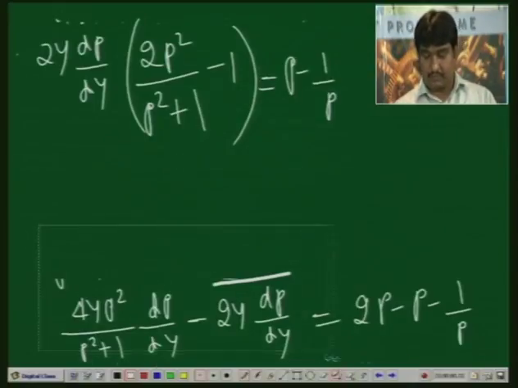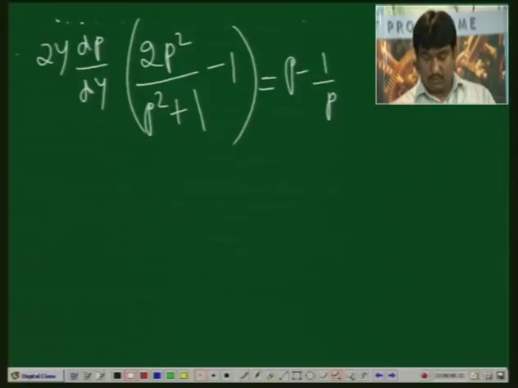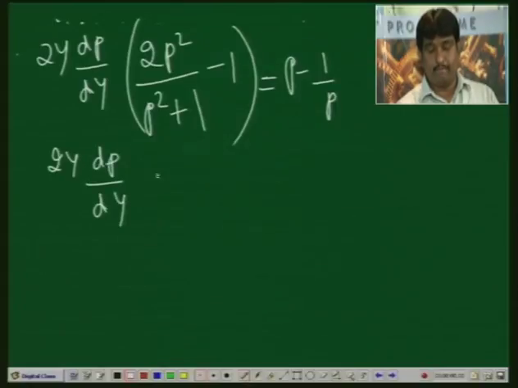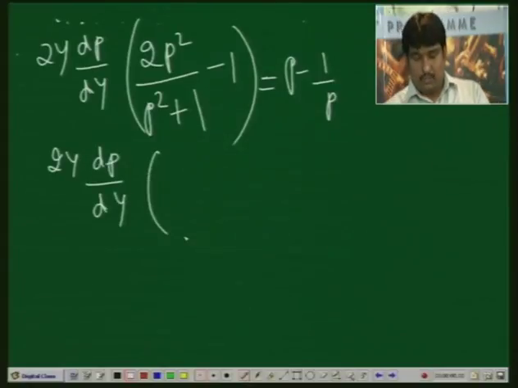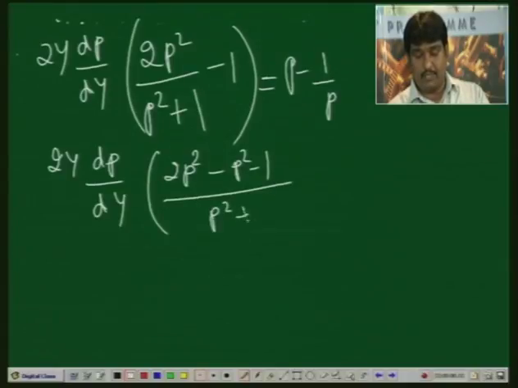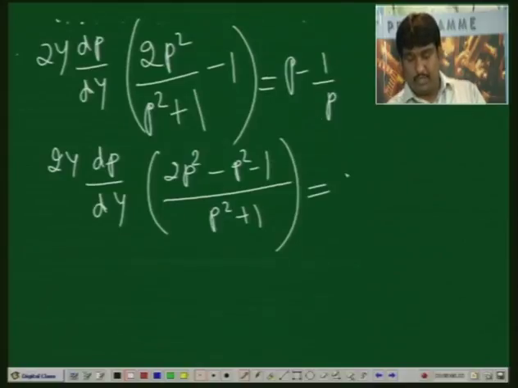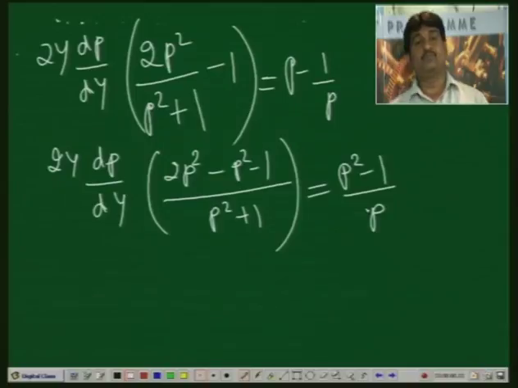Simplify this. What do we get? 2y into dp by dy into, take LCM, 2p square minus p square minus 1 divided by p square plus 1, equals, again, p minus 1 by p can be written as p square minus 1 divided by p.